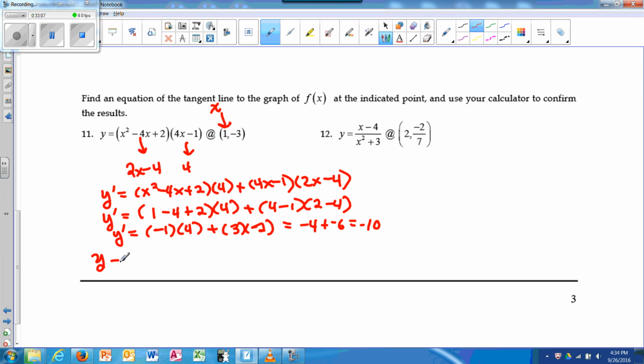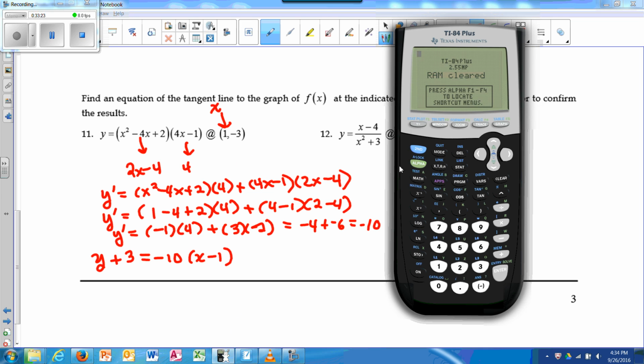So we have negative 1 times 4, 3 times negative 2. So negative 4 plus negative 6 is negative 10. So using point-slope form, y minus negative 3 makes plus 3 equals negative 10 times (x minus 1).